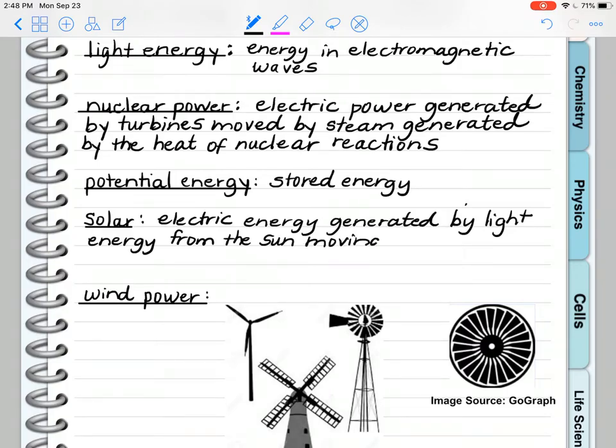So solar is sun, electrical electrons. You do not need to memorize. Just practicing with reading these is going to help you, and writing all this down.